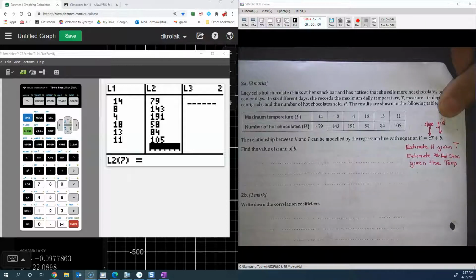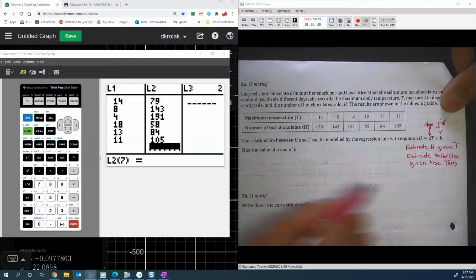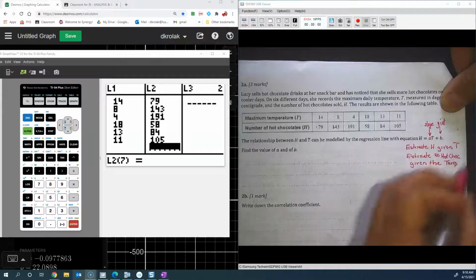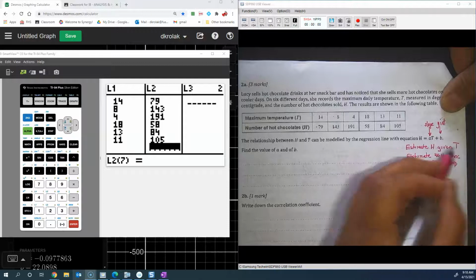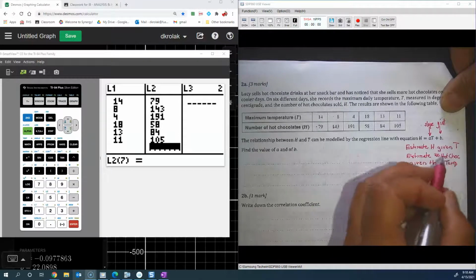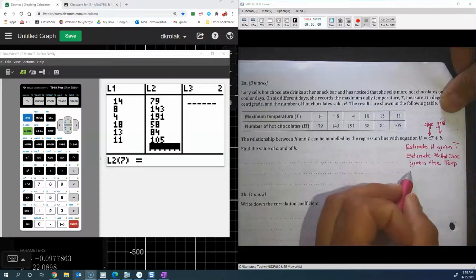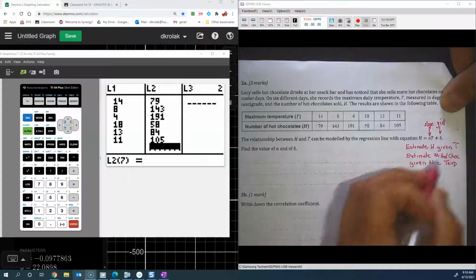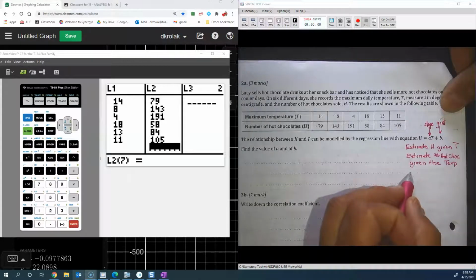Okay. All right. So then it says find the values of A and B. So if you're doing this here, H given T, that's usually your independent or your X values.